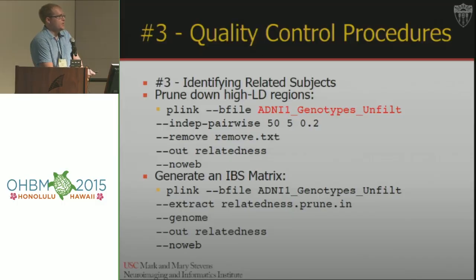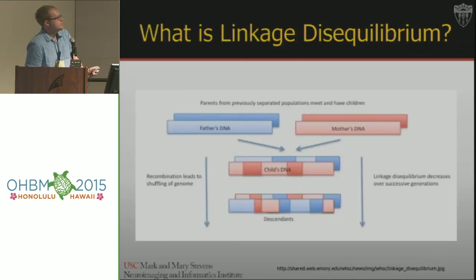First, the best way to do this is to prune down high LD regions. From Sven's talk, he did a really great job of describing LD. I think I have another reminder. It's slightly blurry, sorry, but you end up with these large blocks in the genome that are very similar across subjects because there's hotspots, and they tend to leave large blocks that are all passed down together. A result of this is that the SNPs within those blocks are very highly correlated.